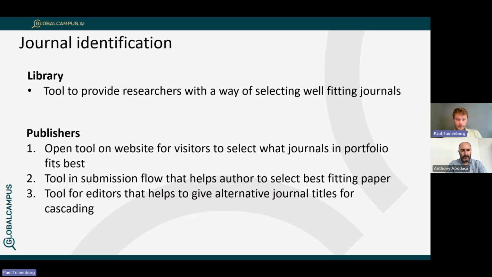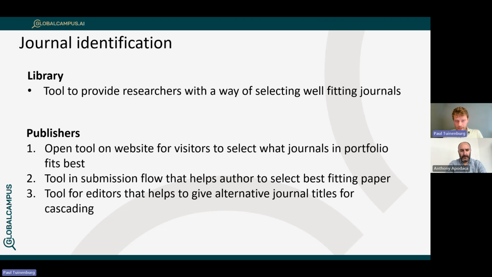But you could also think about an implementation where it's part of the submission flow and helps an author to select the best fitting journal, or maybe suggest a different journal if they select journal A where journal B would be a better fit. And thirdly, it could also help editors to give alternative journal options to authors that they prefer to let publish somewhere else.